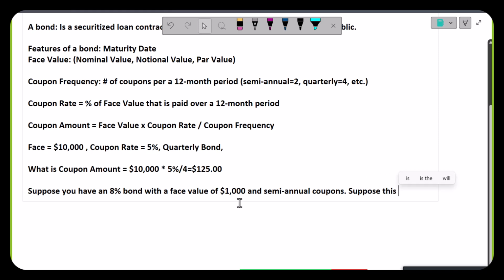Suppose this is a 2-year bond. I'm using 2 so that I don't have to write a lot of things for the cash flows.